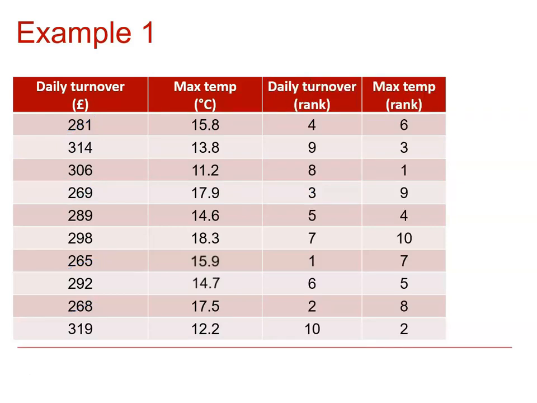I always ensure that my rankings are in the same order, so my lowest one is always my lowest ranking, and my highest one is always my highest ranking. If you mix up either of them, then the association will switch direction, which you don't want it to do.